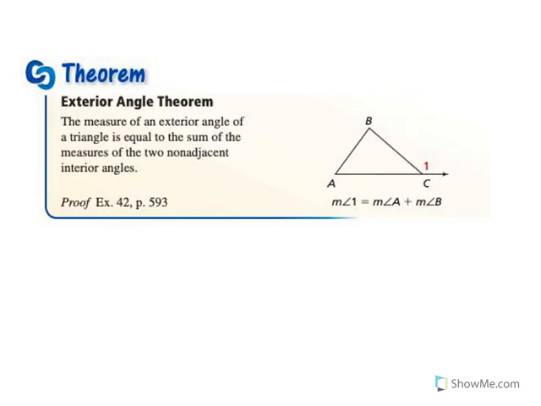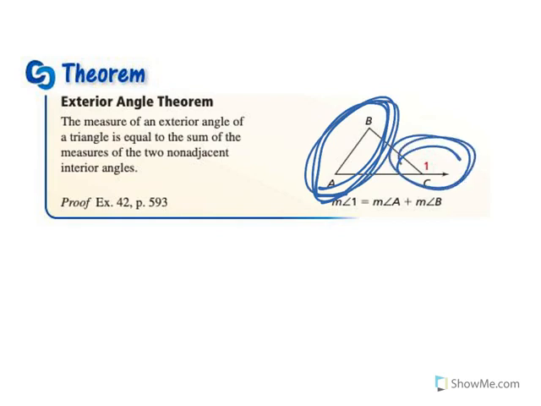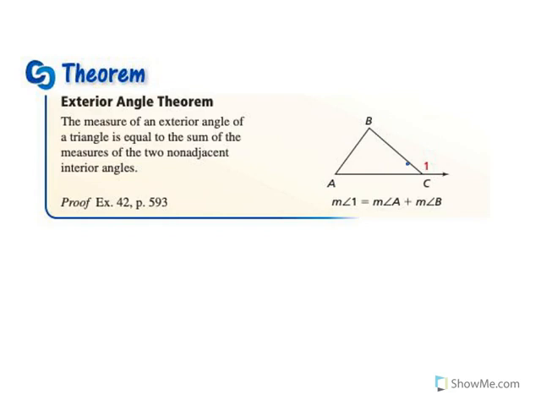There's lots of fancy words for all of that. It's the two non-adjacent interior angles. Some places you'll hear them called the remote interior angles. It's the two angles that don't touch the outside angle. Notice that this angle right here touches this angle, right? So it's the two angles that are farthest away from the outside angle that you're talking about.